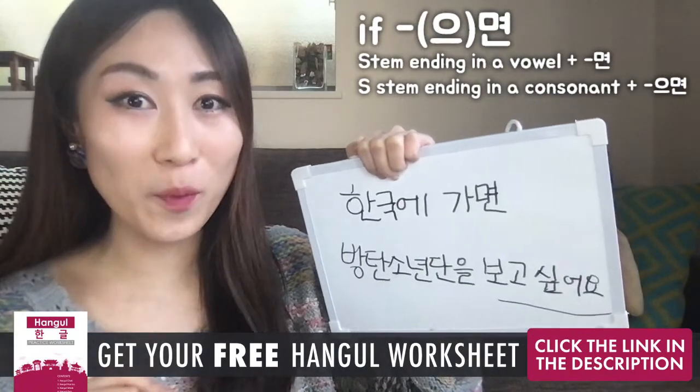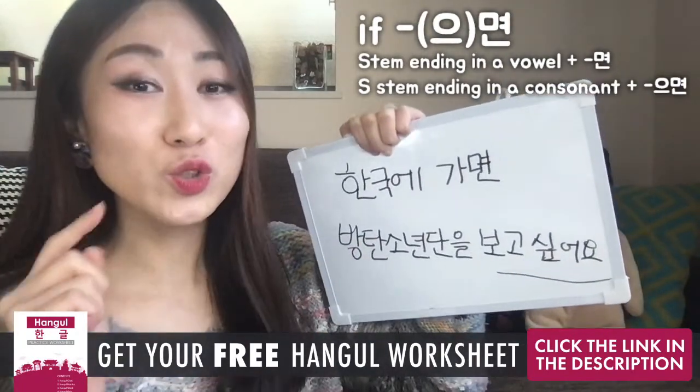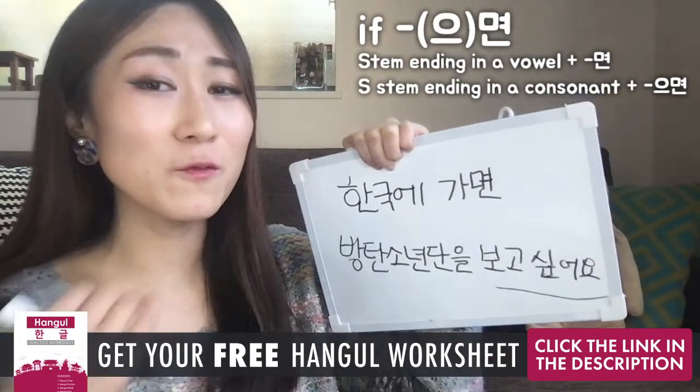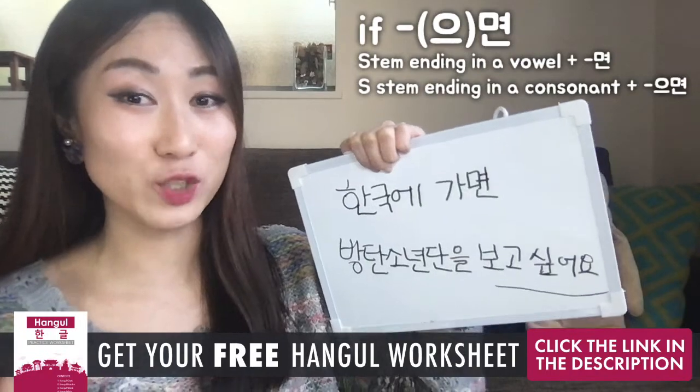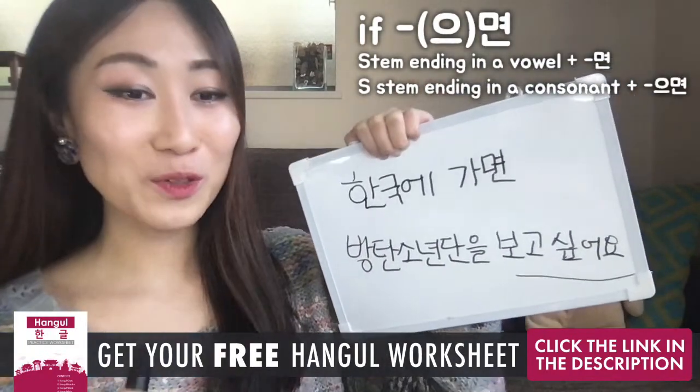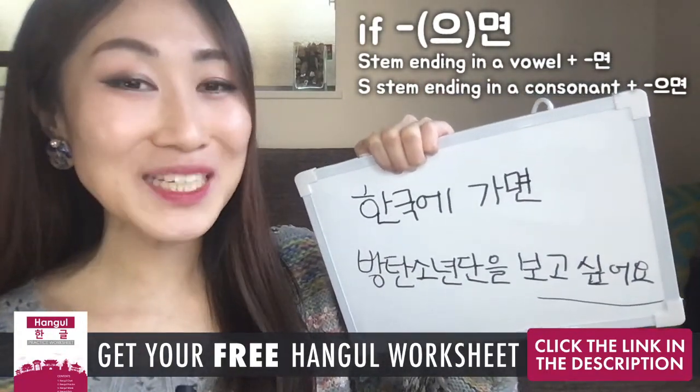If you want to learn more about this grammar rule, want to, I already did this live class before. So check out my previous video. It's on YouTube and Facebook and on our website too. So, if I go to Korea, I want to see BTS.